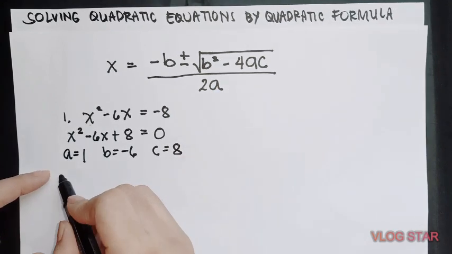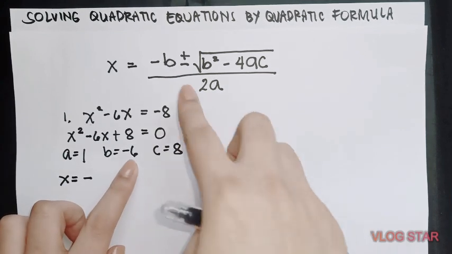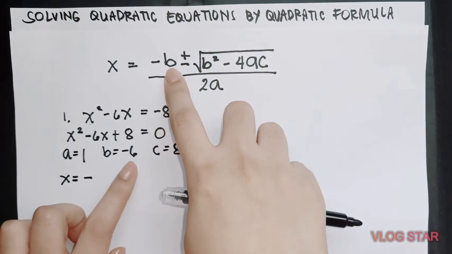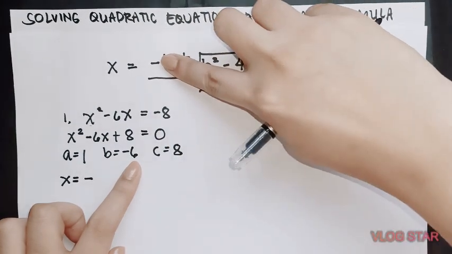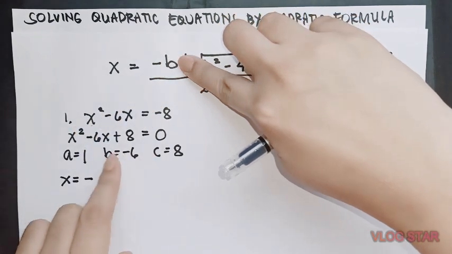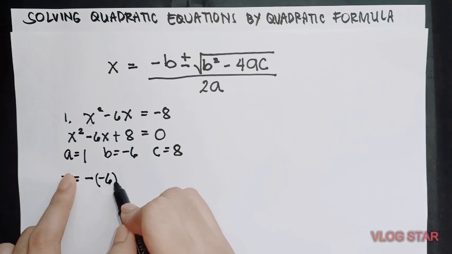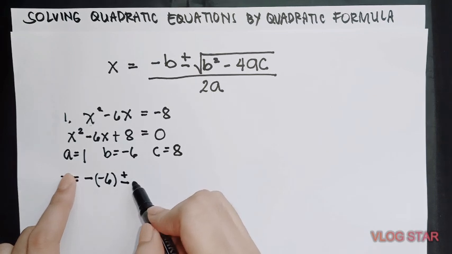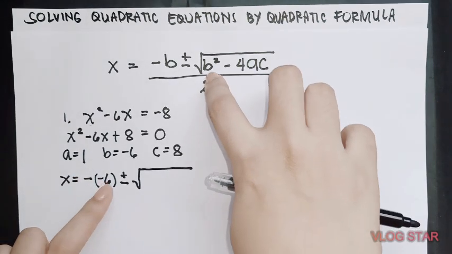So we have x equals negative b. Our b is negative 6, so aside from the negative which is in the formula, we will take b, which is negative. That will be negative times negative 6, plus minus the square root of, again, b squared.